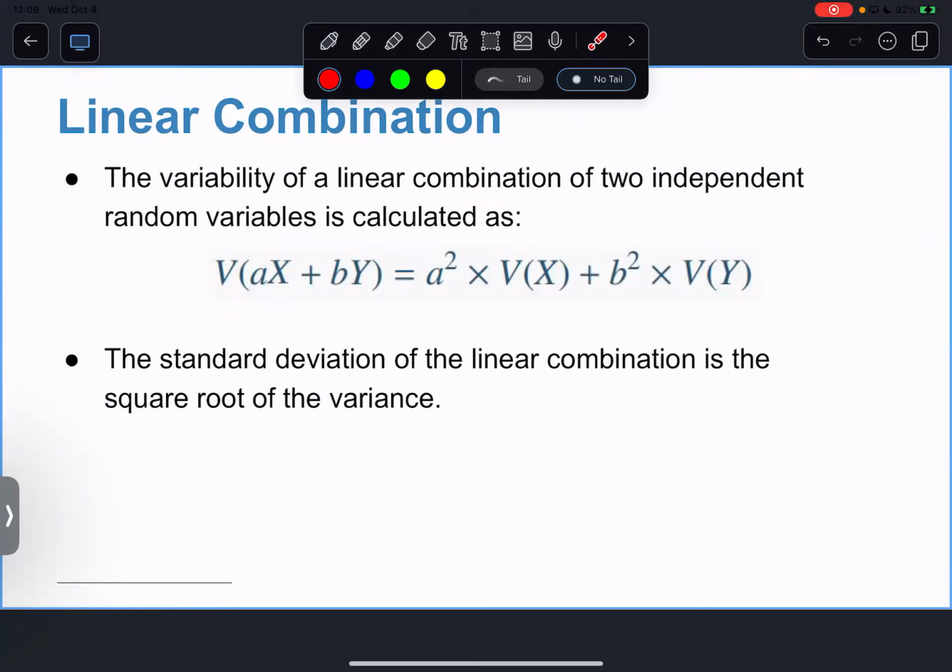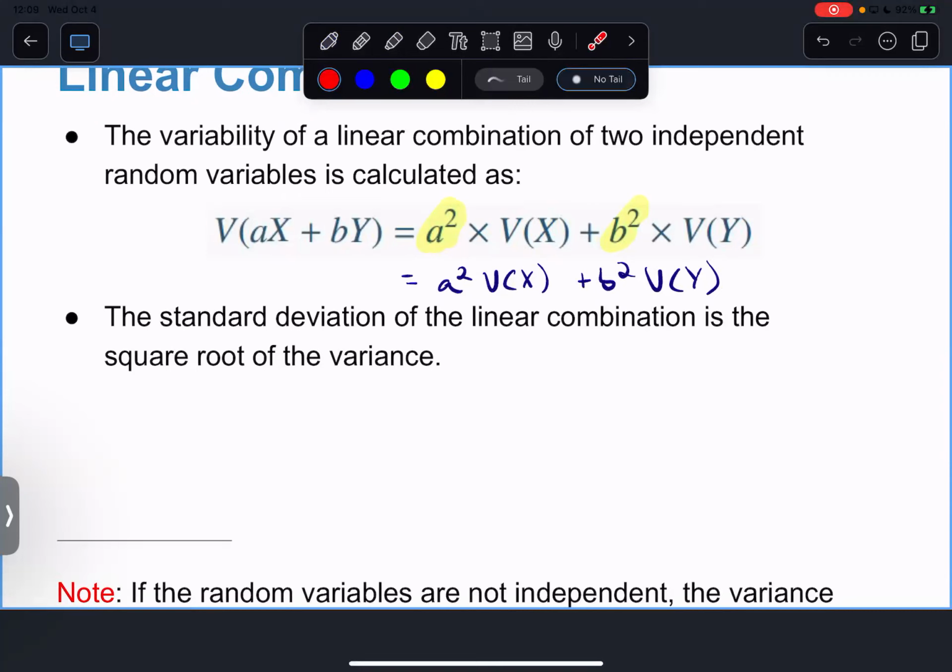But what happens is when I pull that A or kind of distribute that variance, I have to square the coefficient. It's just something to remember. It's not something we're going to look into. Okay. And so here, this becomes A squared times the variance of X plus B squared times the variance of Y.